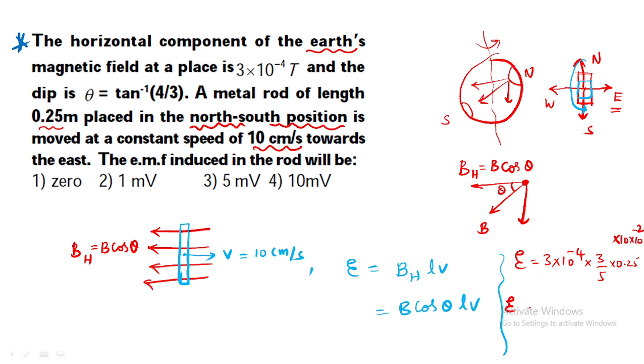EMF is equal to 3 threes are 9, 10 power minus 4, 10 power minus 2 means minus 1. It will be 0.05 into 10 power minus 5. Total answer, how much will I get? 9 fives are 45. So E is equal to 45.